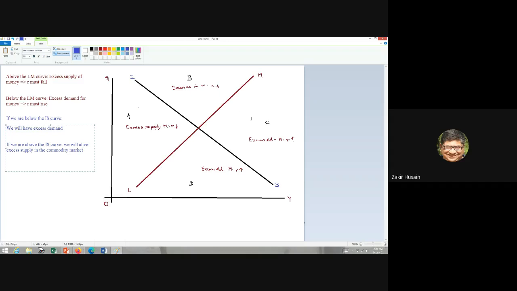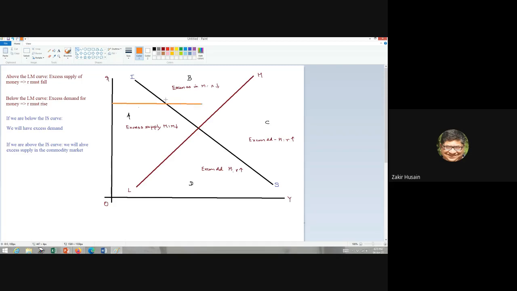See, if we are over here, what is the equilibrium amount that we require? This one. If we take a point like this, the equilibrium Y is this much. But how much are you supplying? Remember, Y is supply.